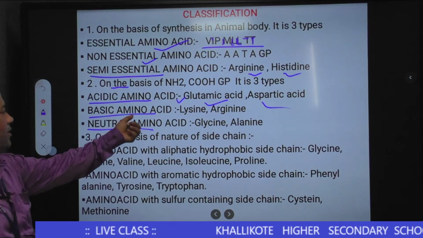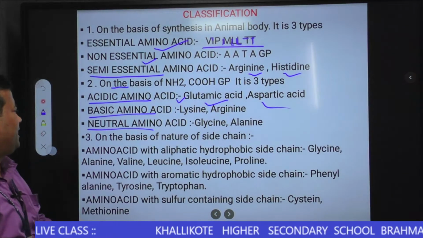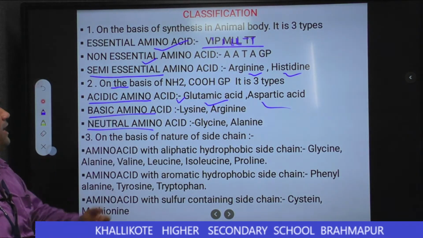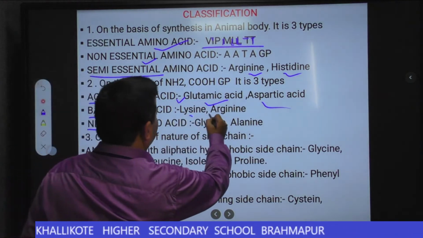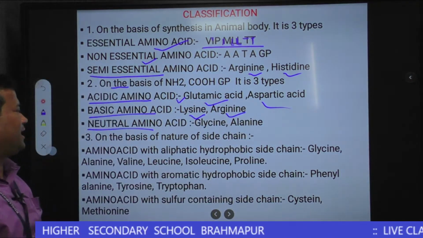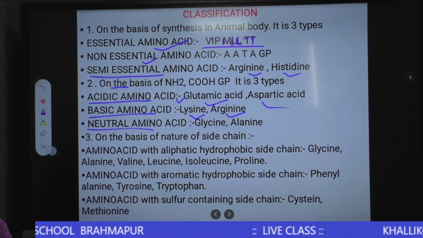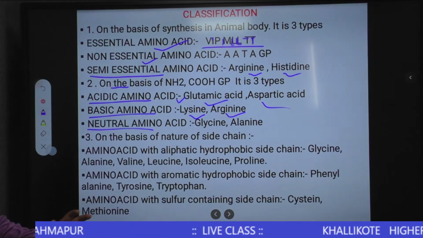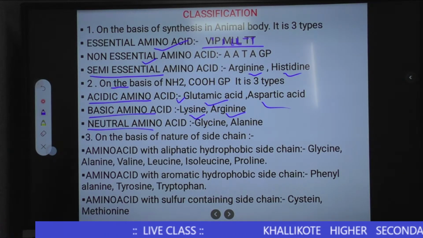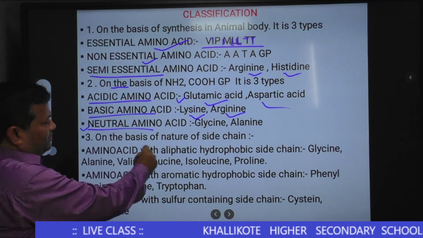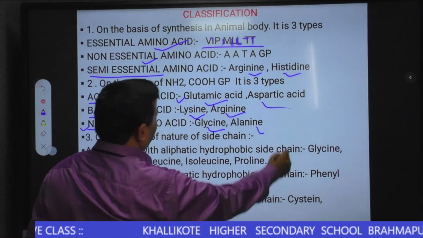If one more amino group is present, the amino acid is called basic amino acid. That may be lysine and arginine. Neutral means equal number of acidic and base groups are present in those amino acids. That is called neutral amino acid. That may be glycine and alanine.